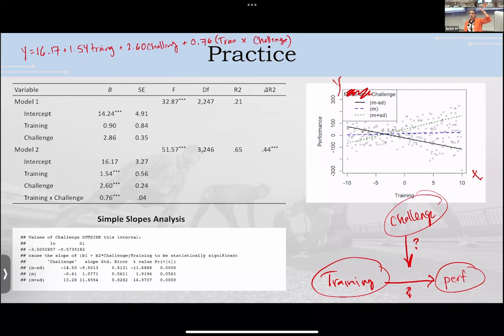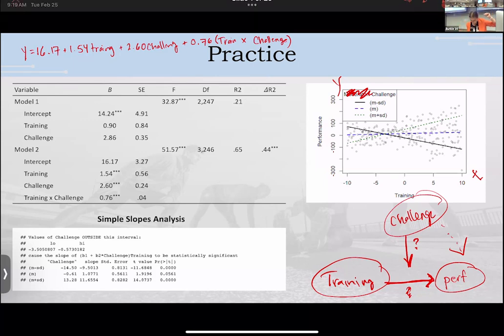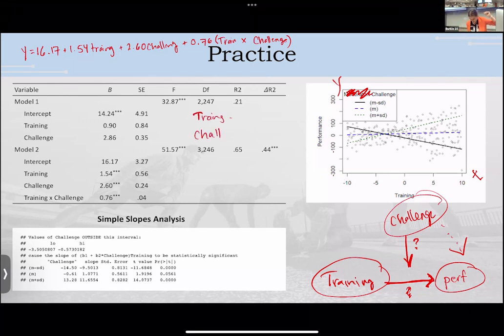The change in R squared between model 1, a main effects model only, training and challenge both to performance, and a second model, which added in the interaction between training and challenge, explains significantly more variance in performance than the main effects. Therefore, we have an interaction going on. So the answer is yes.